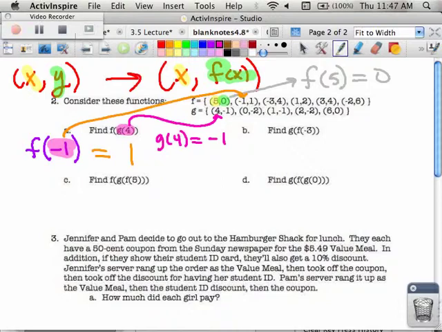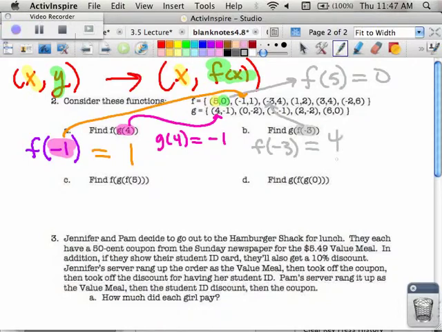Let's look at F of negative 3. So I start with the inside stuff in part B, F of negative 3. And when I look for F of negative 3, I go to the F thing and oh look, there's negative 3. So F of negative 3 is 4. So I'm done.